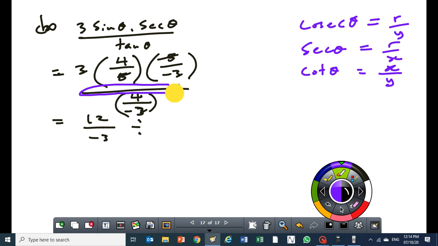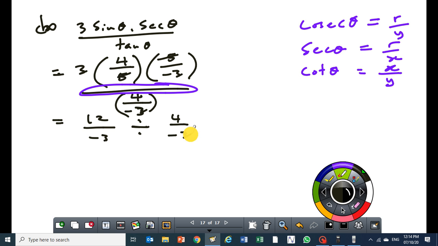So I'm going to convert it to a division sign. Make sure you are looking. So this division line becomes that division sign. Then my numerator there is 4, and my denominator is what?